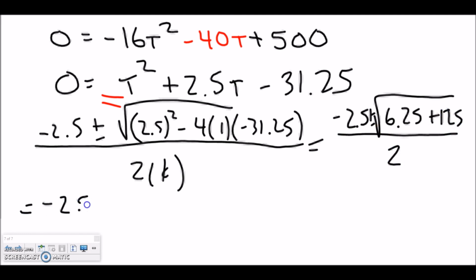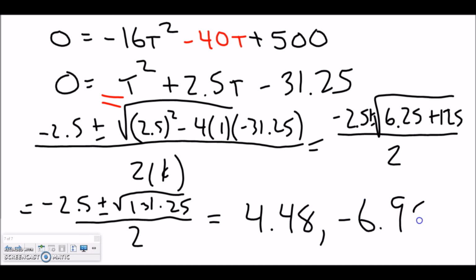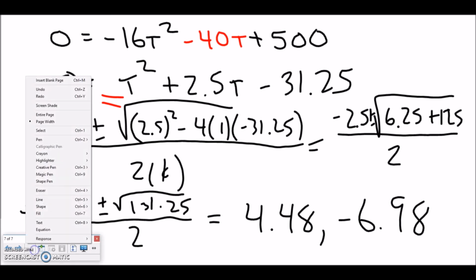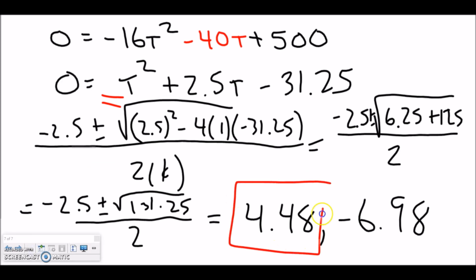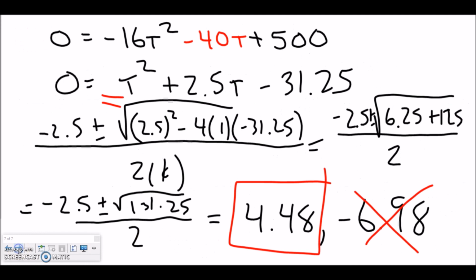So that's negative 2.5 plus or minus the square root of 131.25 all over 2. And if we crank that out in our calculator, because we have plus or minus, you either get 4.48 or negative 6.98, and only one of these makes sense. 4.48. So your friend throwing the rock actually doesn't get the rock down there much faster, about a second faster. We're 5.59 for us, 4.48 for your friend.